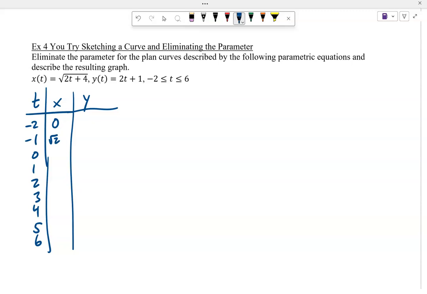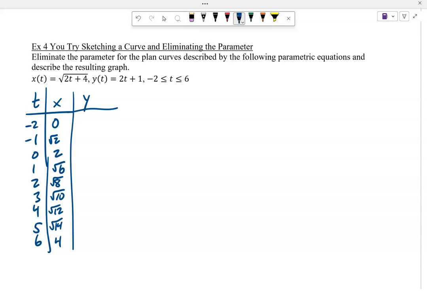You get square root of 2 here, which is like 1.4. You get 2. You get square root of 6. You get square root of 8, almost 3, right? Get square root of 10. Square root of 12, square root of 14, square root of 16, which is 4.